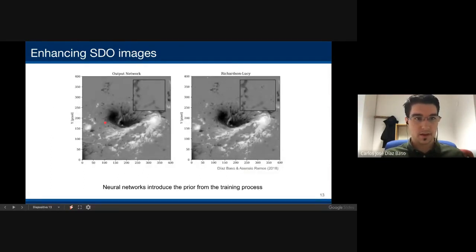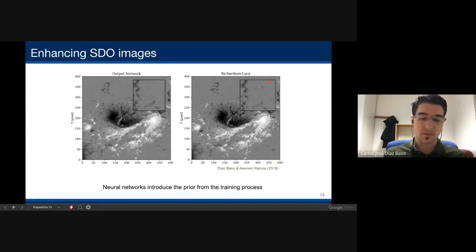One of the key points is that we usually use, for example, the Richardson-Lucy algorithm to do the deconvolution. However, it introduces artifacts due to the noise, and it will create high spatial frequency signals like the ones you see in the upper part of the image.